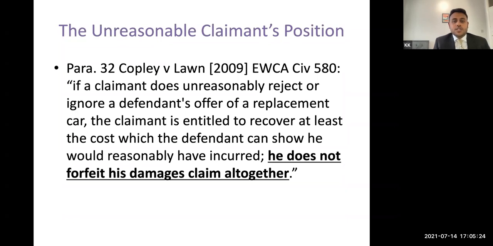their damages claim altogether. So in effect, what that means is that a claimant has the benefit of a fallback position in these circumstances, because even where a court finds that the intervention letter should have been accepted, then it's the intervention rate that will apply and not the basic hire rate. Or of course, if the claimant can prove that they were impecunious, then that would be the overall hire rate.